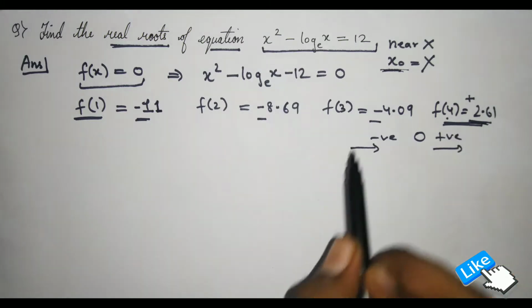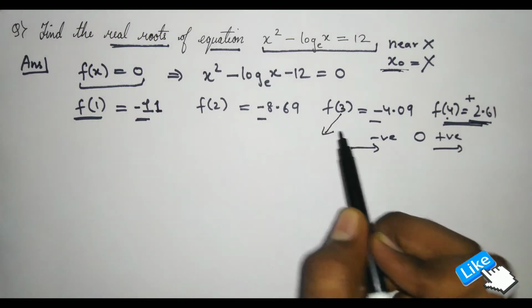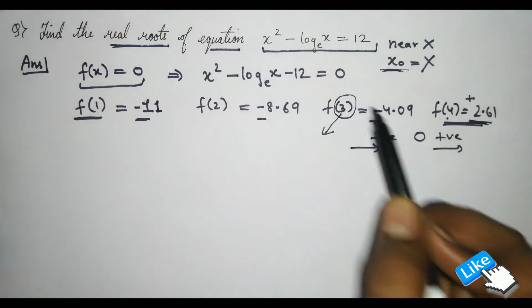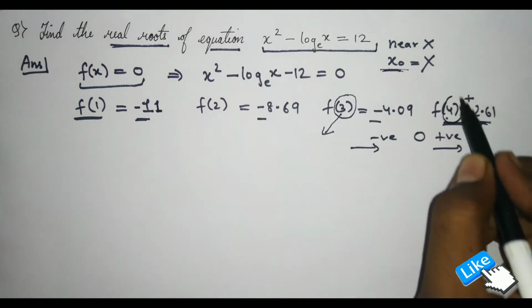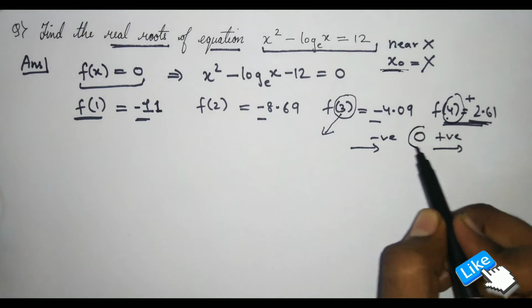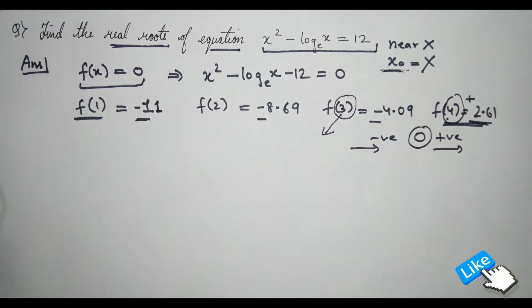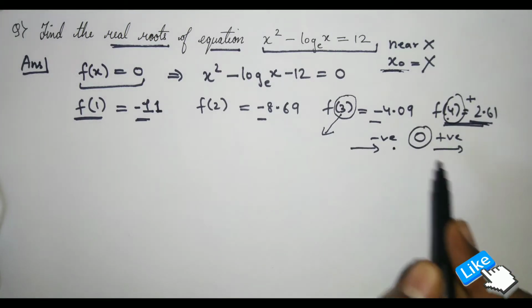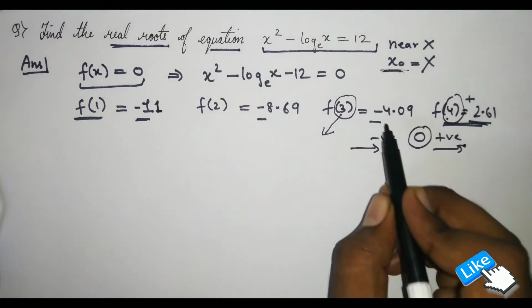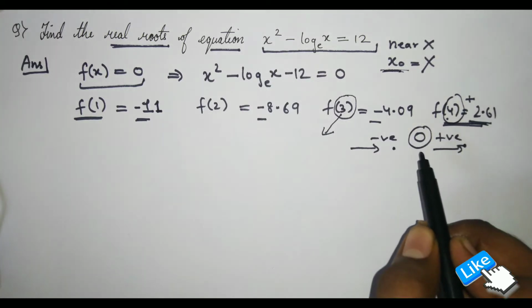Now which value do you have to take? Now you have to think about the x naught value. The x naught value depends on this. We have to see where 0 lies between two numbers, right? One negative number and one positive number. In which case does 0 lie between two values?